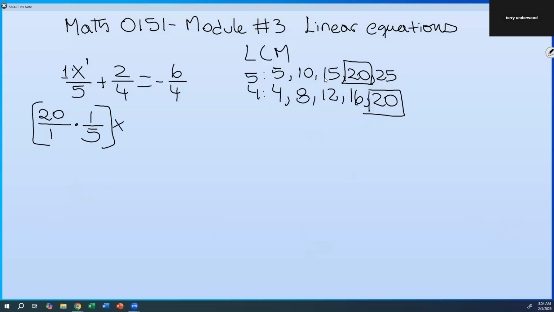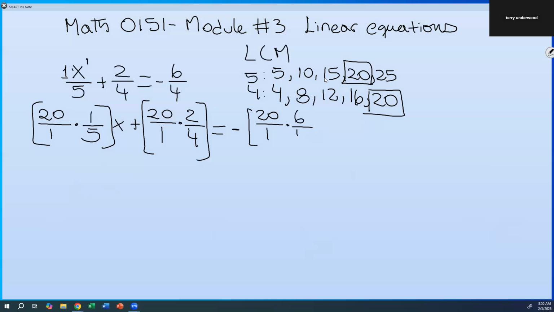That will be part of the answer. Plus 20 over 1, again, open my bracket, times 2 over 4. And then that is equal, don't forget your negative sign, no? And then you have 20 over 1 times 6 over 4.